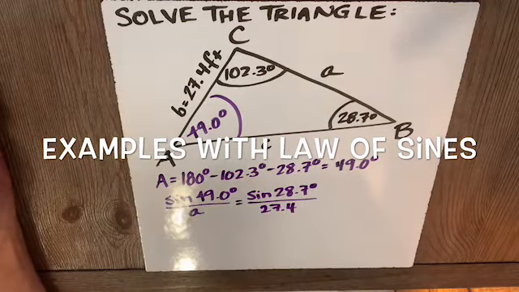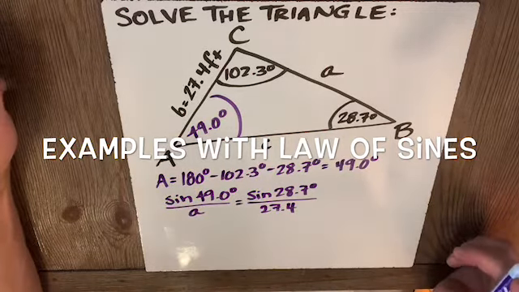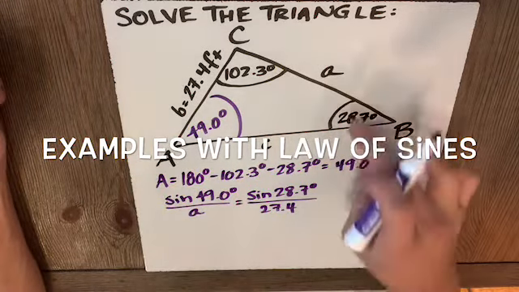I'm going to leave feet off, and we'll make sure we put the correct units on at the end, because I know that our answer is going to be in feet.